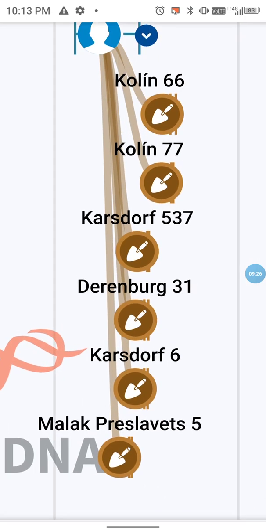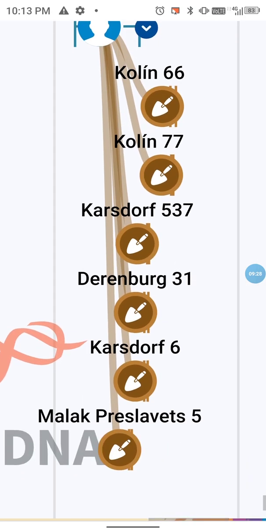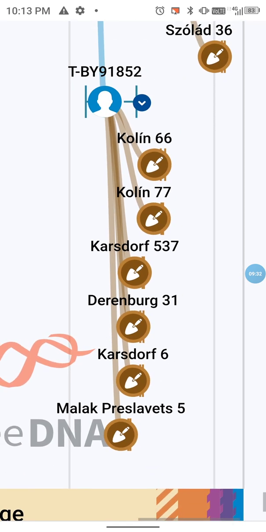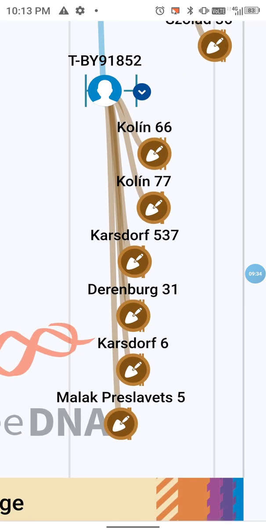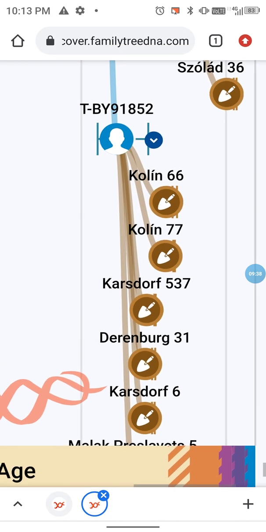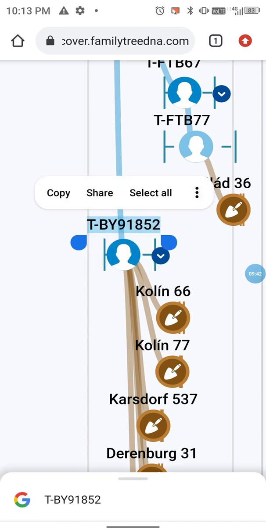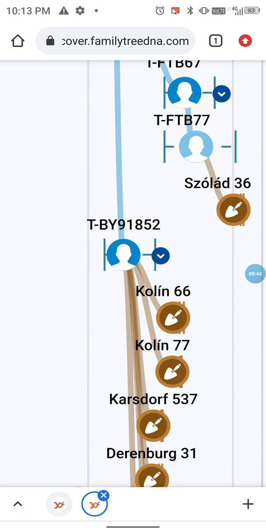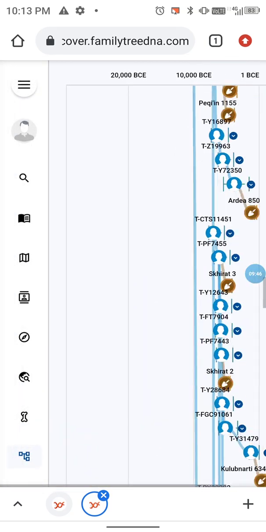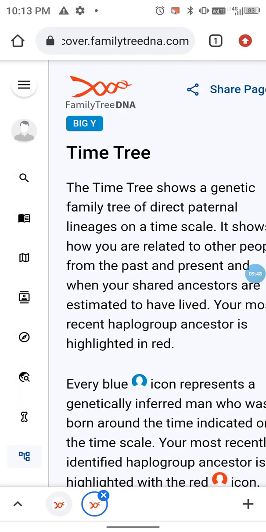Take a look at the names here of the samples. You can pause it and jot them down if you feel the need. But what we're going to do here is copy this SNP. Copy. We're going to go back to the top over here. Well, I didn't have to do that, but here.